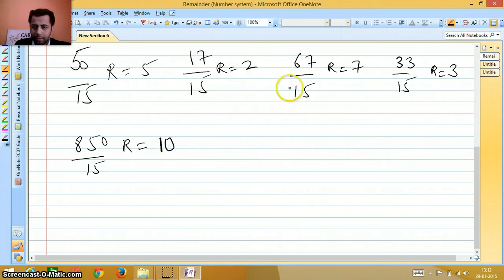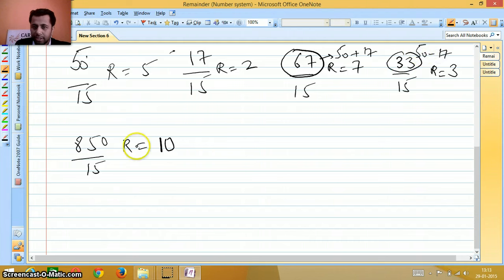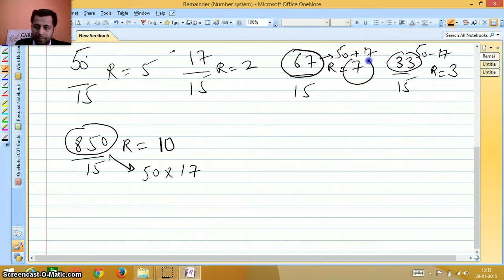So this was pretty simple. The thing to be noticed here is that this 67 is actually 50 plus 17. This 33 is 50 minus 17, and this 850 is 50 into 17, right? So here the remainder is 7.